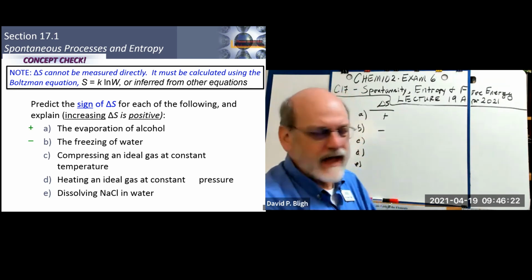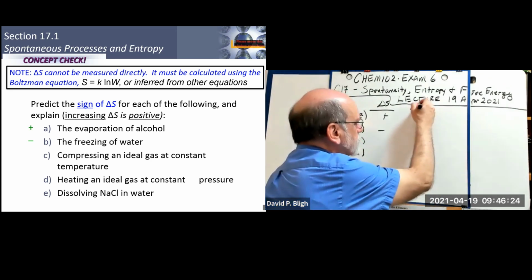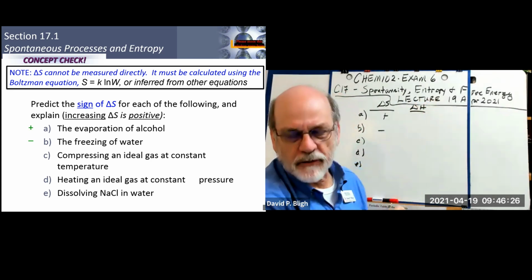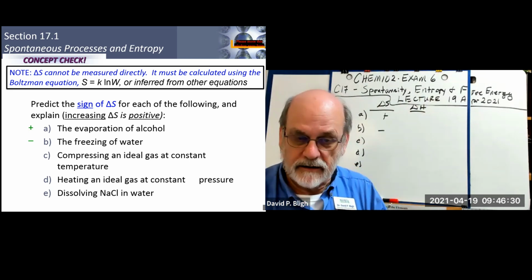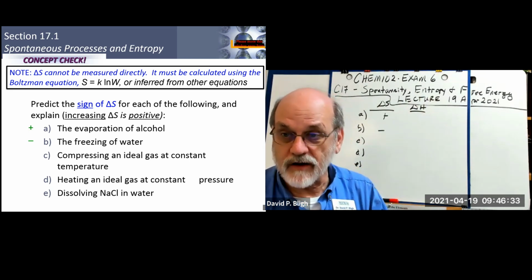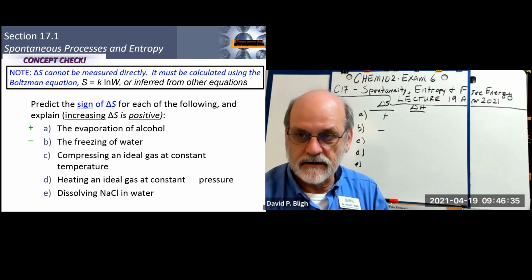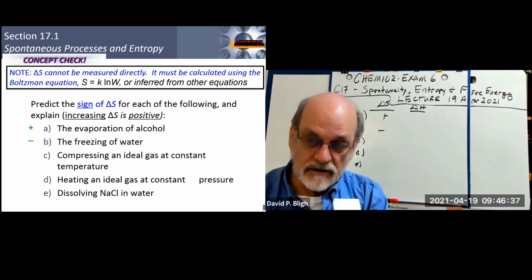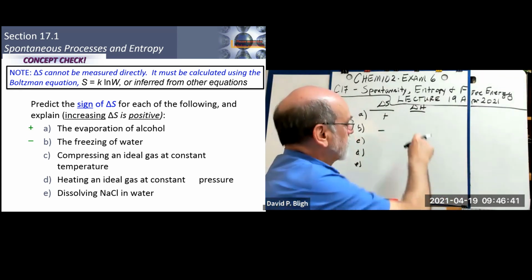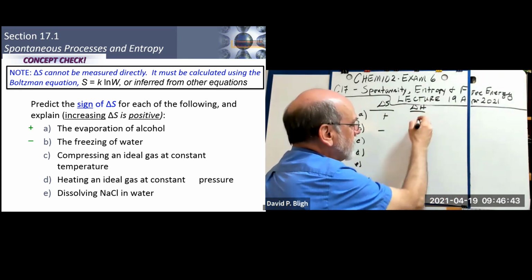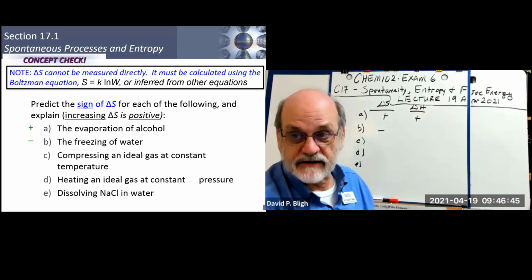But let's also look at what's the delta H? What's the enthalpy of the reaction? I mean, is this exothermic or endothermic? Right? The evaporation of alcohol is endothermic. You have to add energy to the alcohol, which is our system, to make it evaporate. So this would be endothermic, a positive value, right?